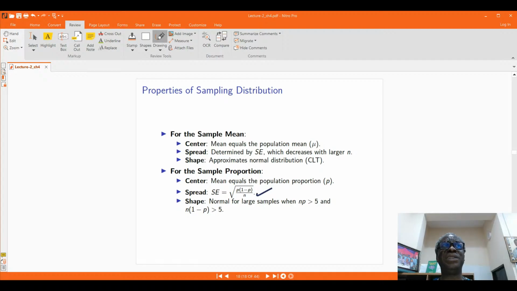So that requirement is very important. Remember, the condition for the sample mean is for you to have a large sample. For proportion, you still need large samples, but only when the product of the sample size and the proportion of success is greater than 5.